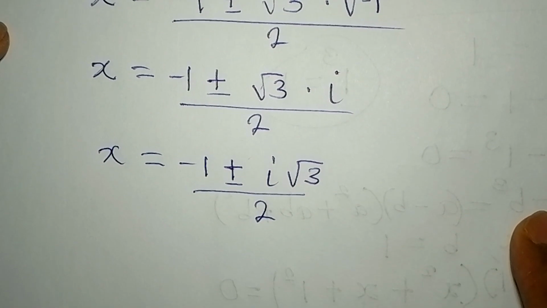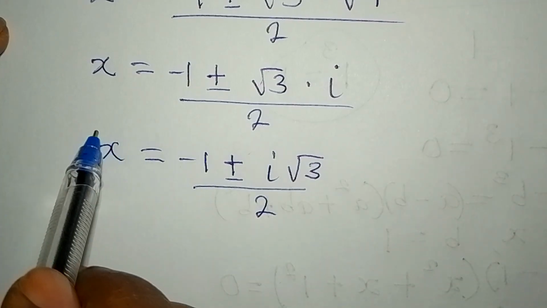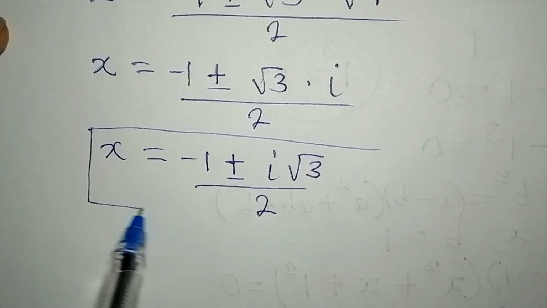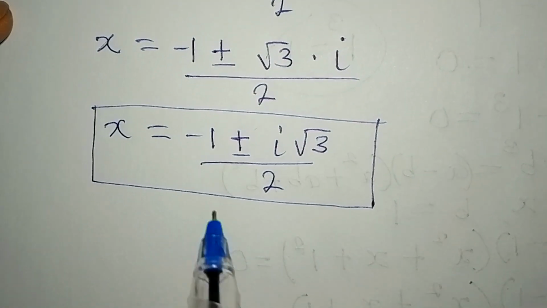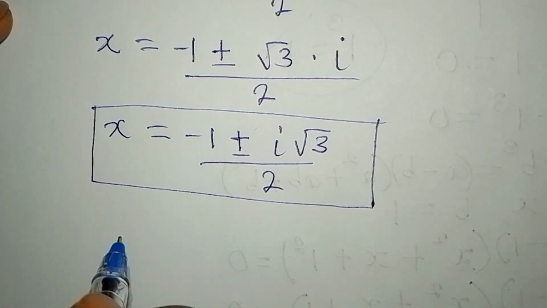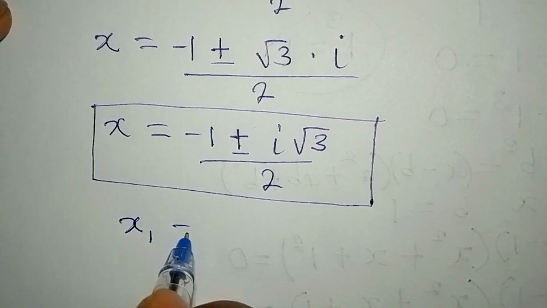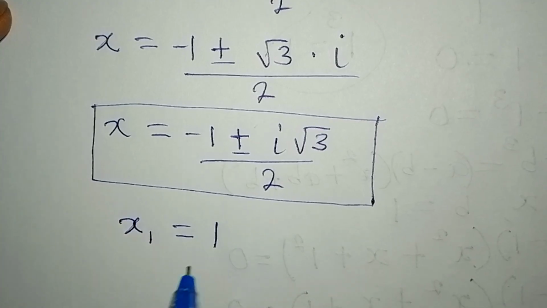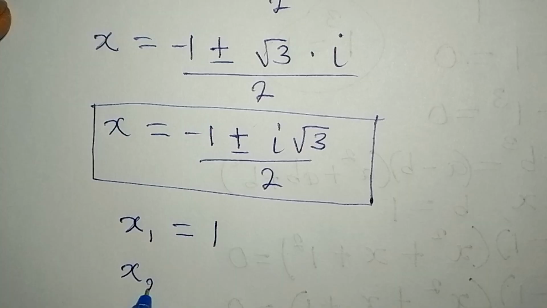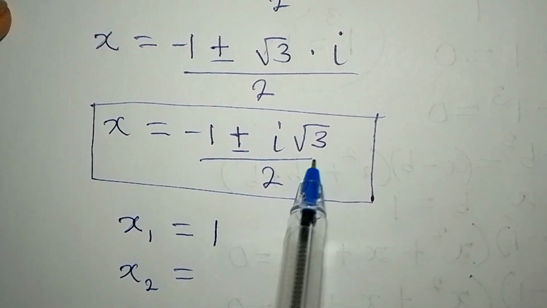Mind you, this is a 2-in-1 solution. So from here, we have 2 solutions for the equation. Now let's bring the 3 solutions together. We got x1 to be equal to 1. Then our x2 is obtained from here.